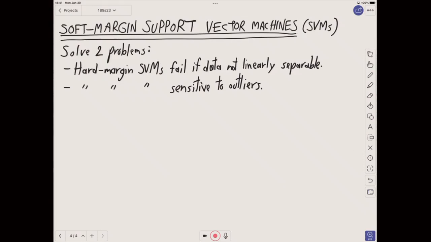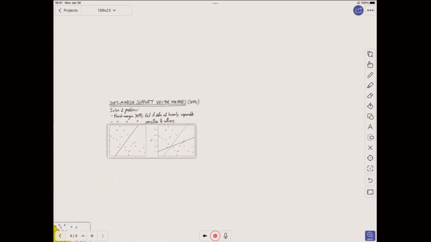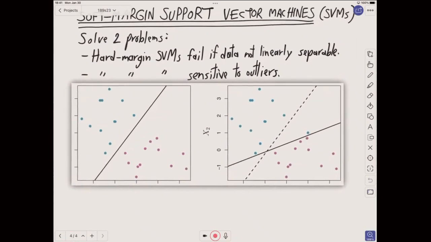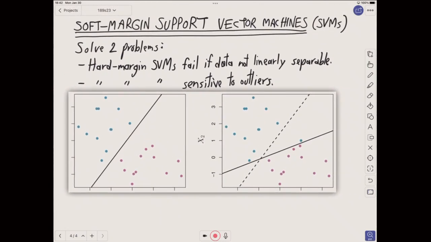And what do I mean by that? Let me show you an example from one of your textbooks. This is from Introduction to Statistical Learning. On the left, we've got a set of blue points and red points, and the support vector machine, the maximum margin classifier specifically, that separates those two.